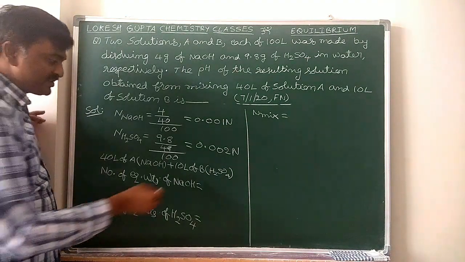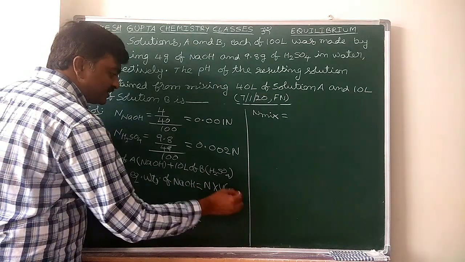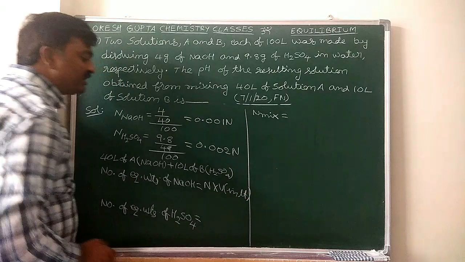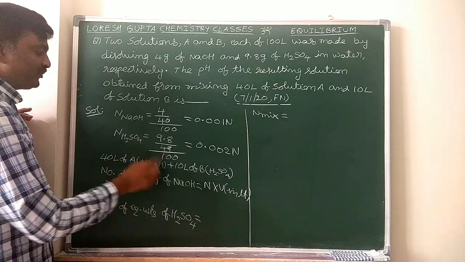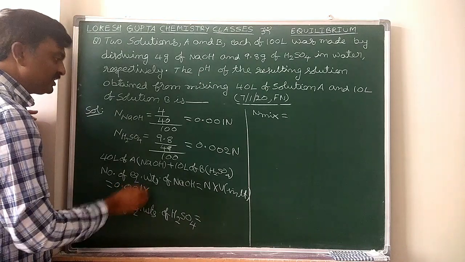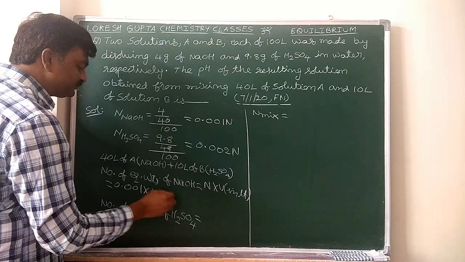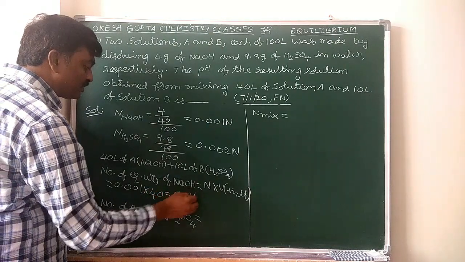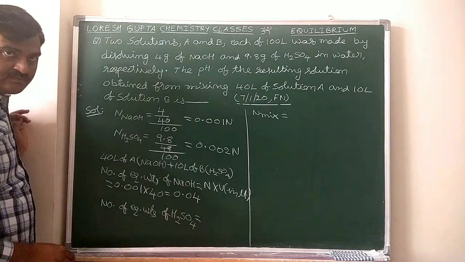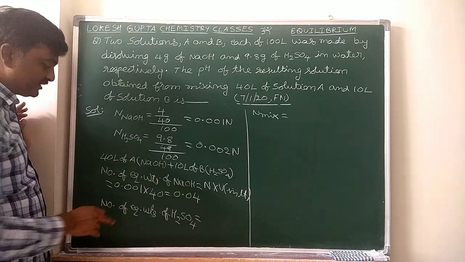Number of equivalent weights equals normality into volume in liters. Normality of NaOH 0.001 into volume 40 liters is equal to 0.04 equivalent weights. So 0.04 equivalent weights of NaOH will be taken.